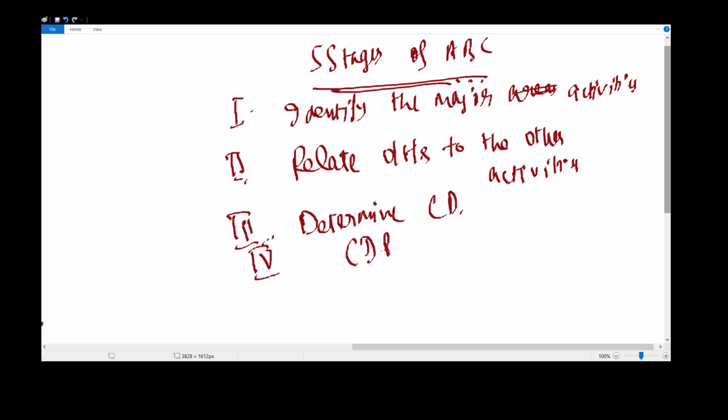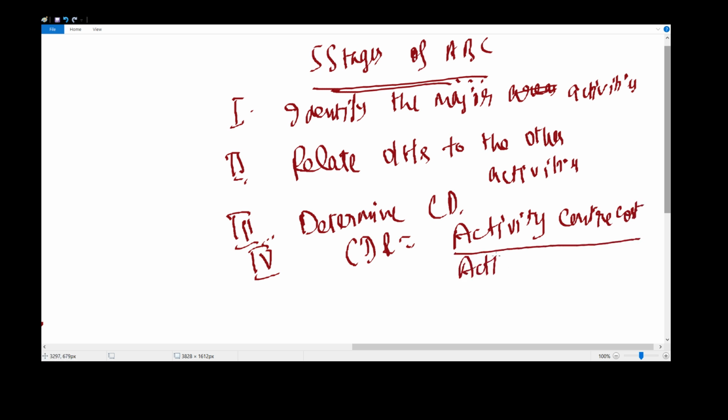What would be the formula for calculation of cost driver rate? It would be activity center cost divided by activity driver.